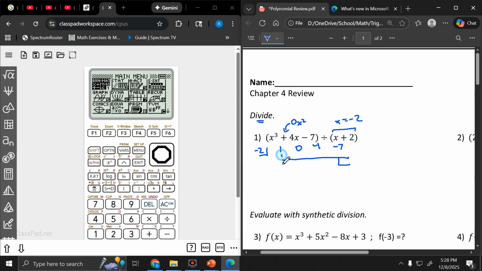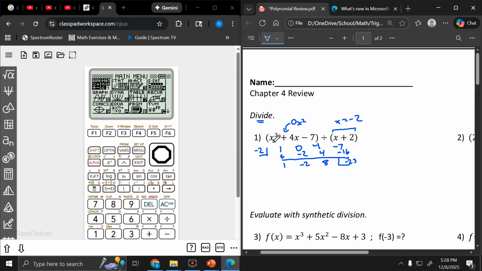The 1 should drop. -2 times 1, -2. Add down. -2 times -2, 4. Add down. -2 times 8, -16. Add down. -23 is the remainder. So the trick with synthetic division is, of course, to interpret our answer. We're asked to divide.